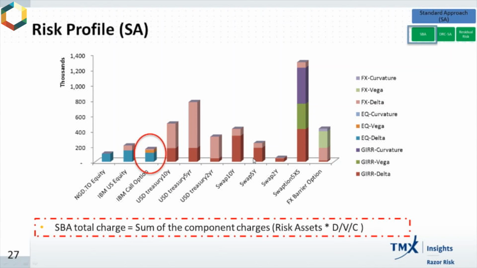However, the graphic only shows 3 components because its curvature risk is 0. As we explained before, since it's a long call option, it will have positive gamma, which leads to negative curvature, and this is ignored in curvature risk. So therefore, this position shows 0 curvature risk.